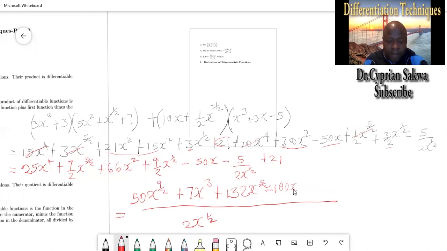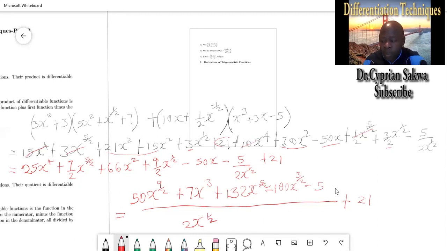x raised to 3 over 2, because this is 1 plus a half, and then minus 5. I can just put plus 21 here, so that 21 is not under this denominator.